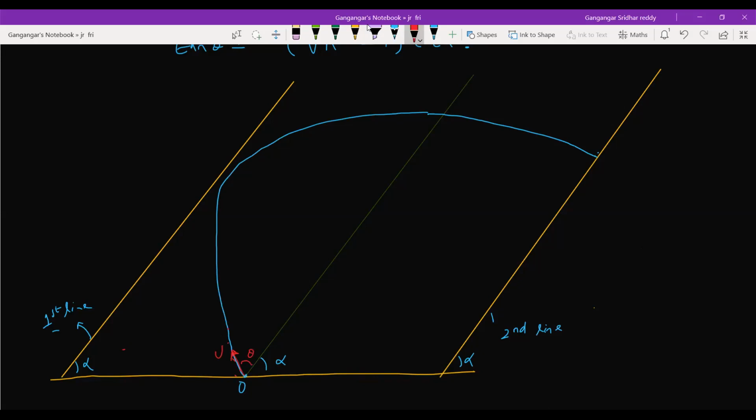Let this be theta. So here it is grazing. I'll draw some thick line.